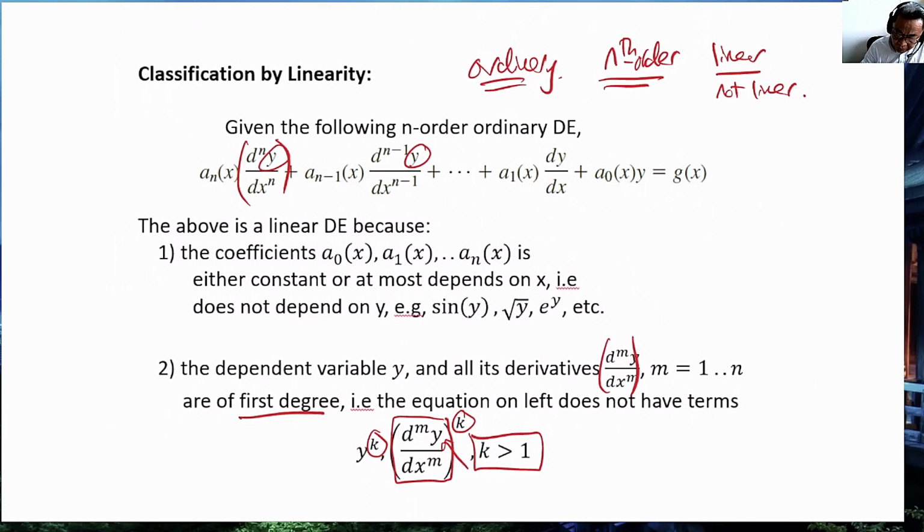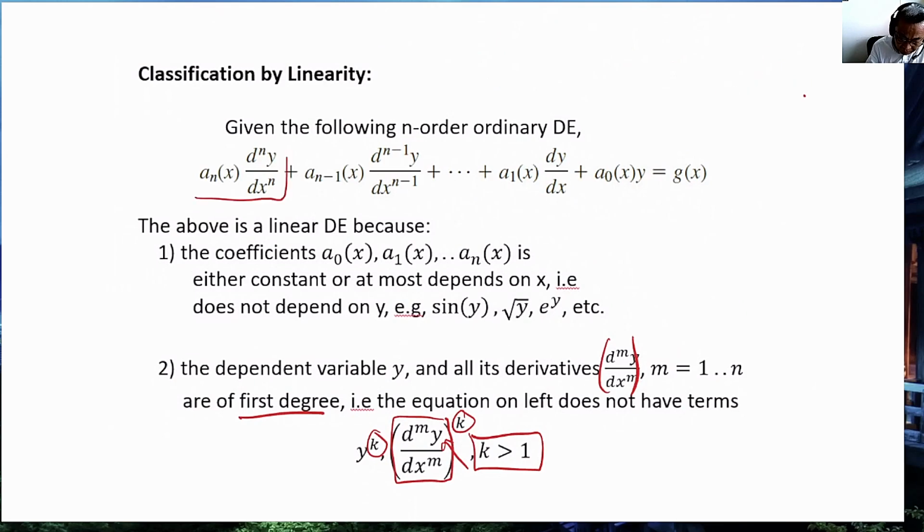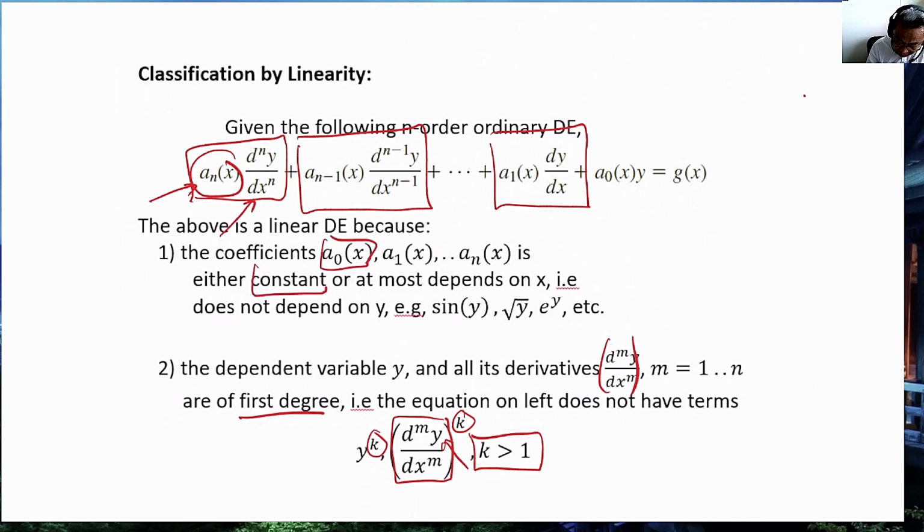So to recognize whether it's linear or not linear, cast your differential equation in this form and study the functions in front of this differentiation expression, and ensure that these functions are at most a function of x or are constants, and make sure that they are not dependent on y. And this differentiation is of degree only 1.